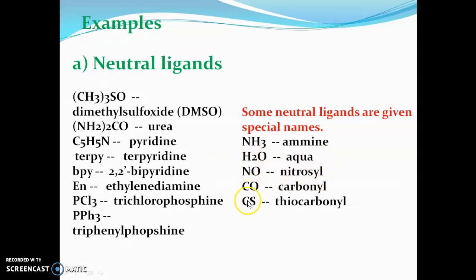When these compounds function as ligands, then their special names are given. And coming to this part, CH3 tris SO, dimethyl sulfoxide, urea, pyridine, terpyridine, ethylenediamine, etc. These are given their original names while naming them.